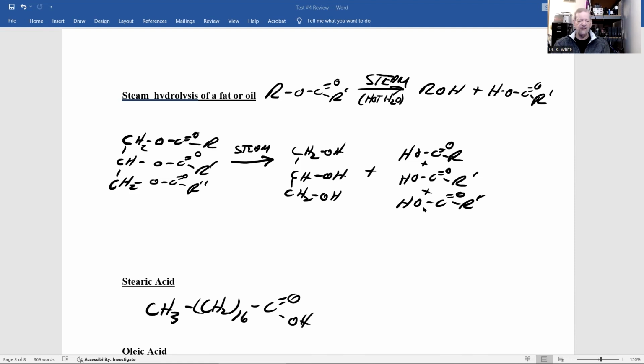Now, these carboxylic acids that come from fats and oils are called fatty acids. And fatty acids play an important part in our life, not only in your body, but also in the chemical industry, because I worked for a company that made these.